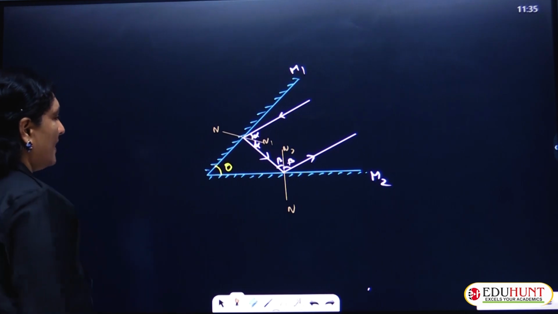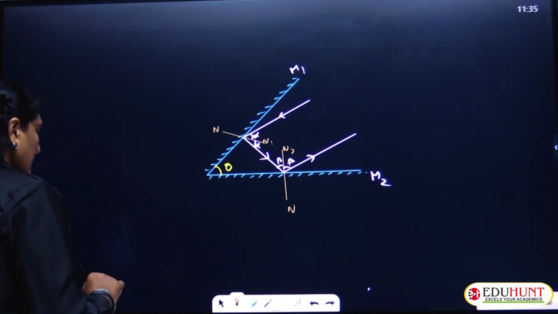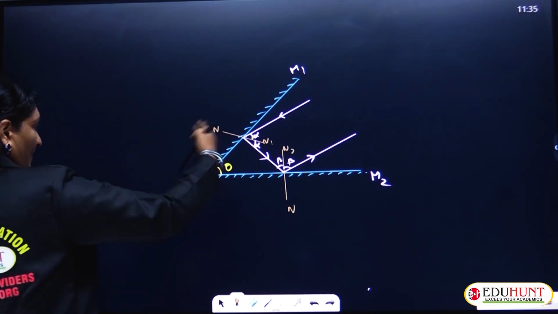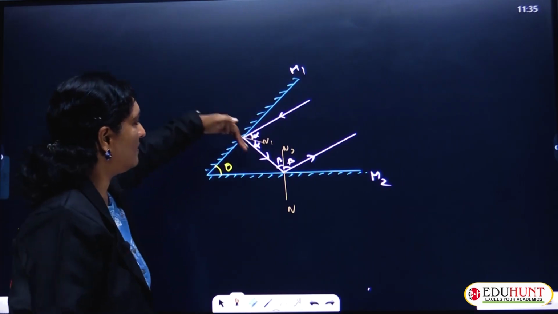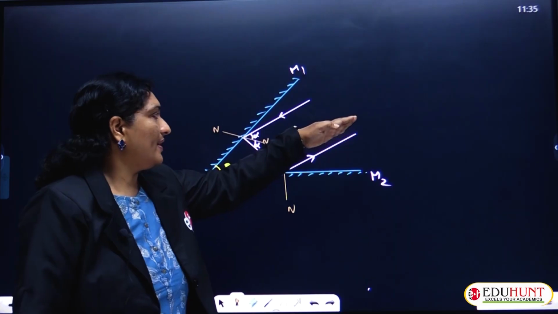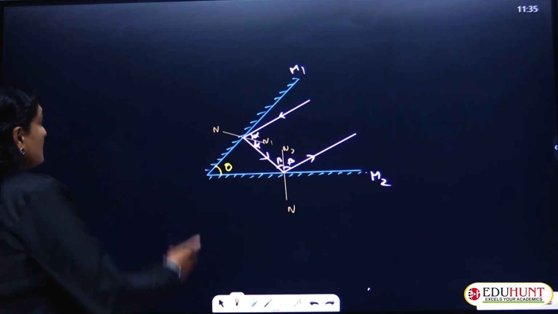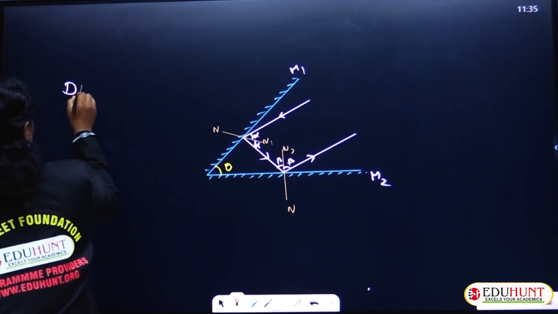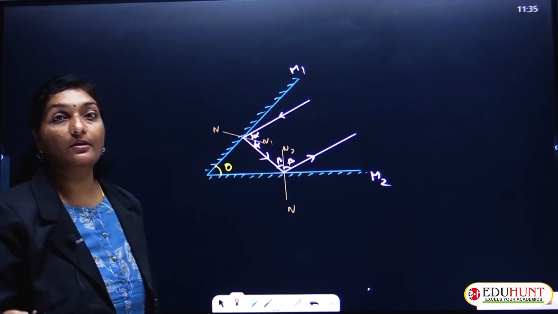So based on that, if you would like to find out the deviation produced by the reflection, some amount of deviation is being produced. This was the incident ray going here instead of going straight. It is again reflected back. So how much deviation is observed depends upon the number of reflections.